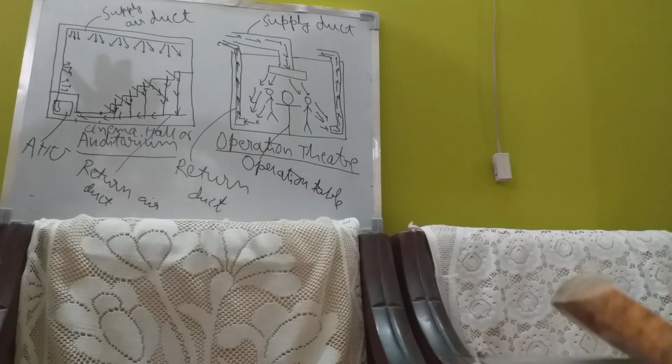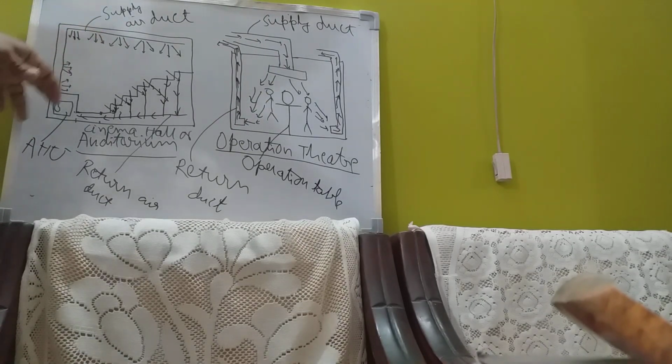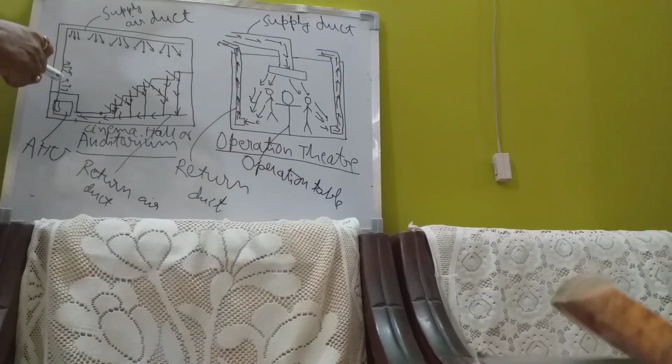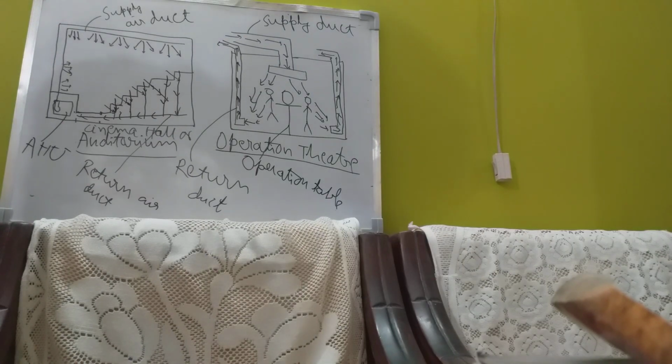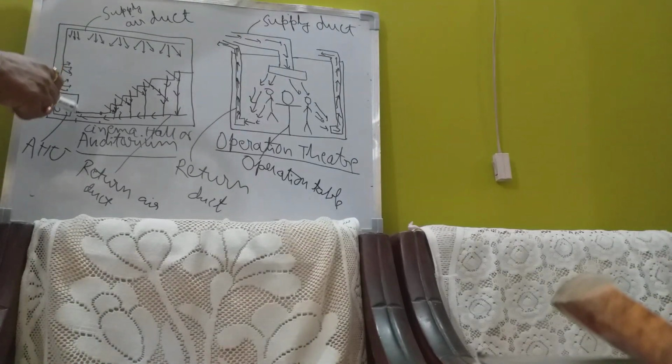To do this specific type of air conditioning, in this case, we are having an AHU placed below the stage. You have a stage where the action is going on, where the speaker is giving the speech, or in case of cinema hall, there is a screen here. Below the stage, here the AHU is set. Air handling unit.